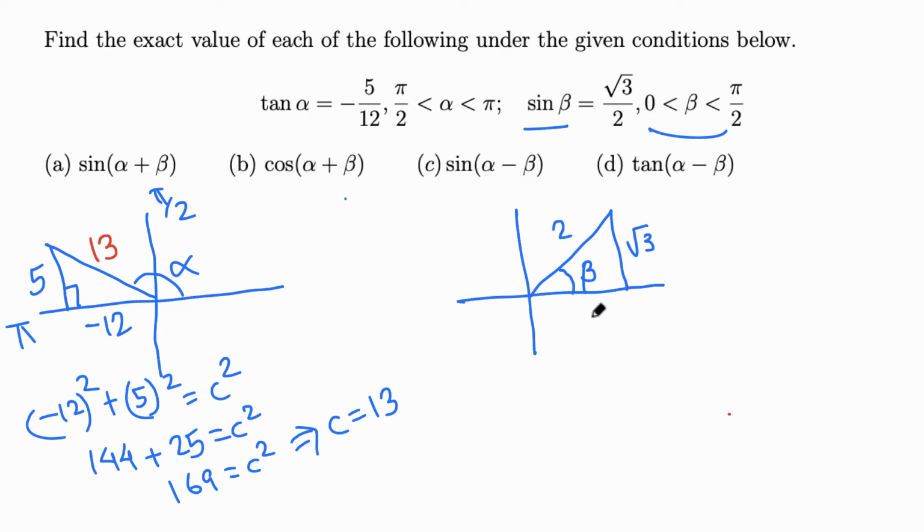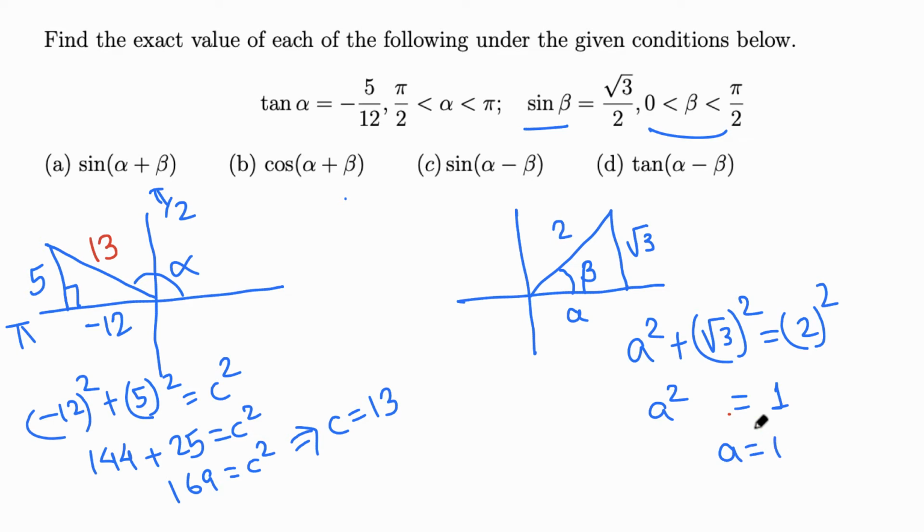We are missing the adjacent. a squared plus √3 squared, which is 3, equals 2 squared, which is 4. Subtract 3 from both sides, so a squared equals 1. Taking the square root of both sides, a equals 1, positive. So the adjacent is 1.